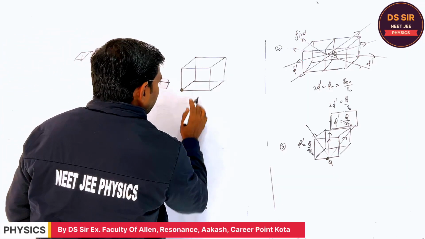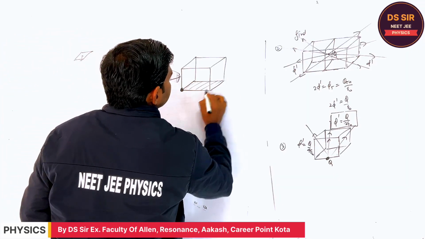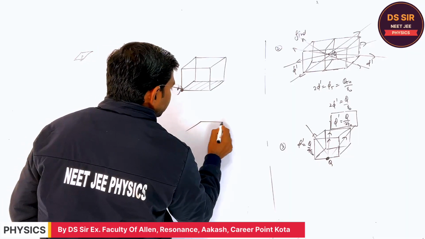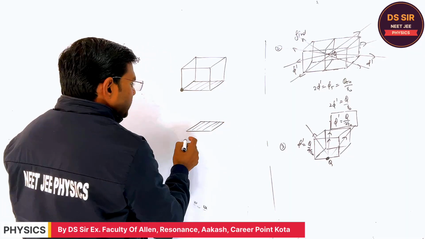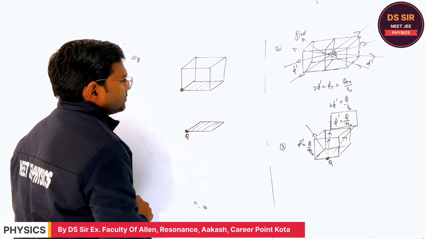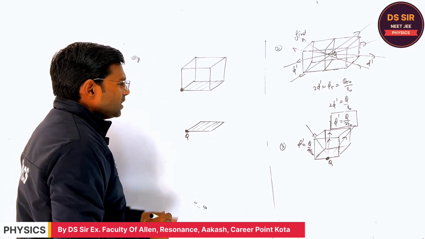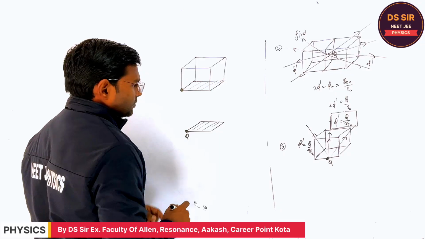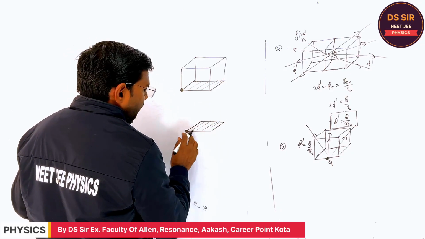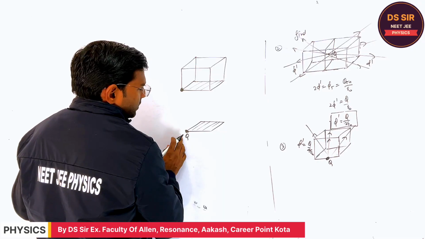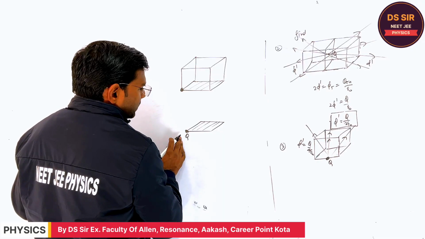Listen one thing, if you consider the base face, suppose this is the face, it is in a plane like this, and the charge Q is placed over here. Can you tell me what is the flux linked with this face?